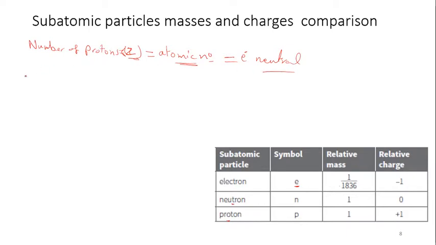As for the number of nucleons, the particles inside the nucleus, we give it the symbol A. It is the number of protons plus the number of neutrons. If we want to know the number of neutrons, we can subtract the number of nucleons minus the number of protons to give me the number of neutrons.